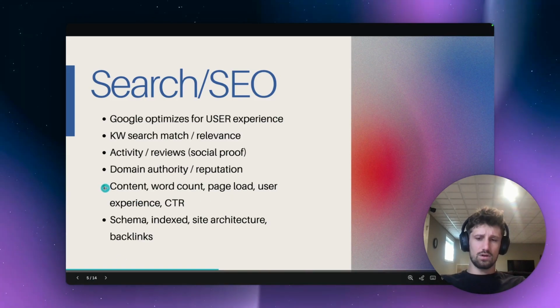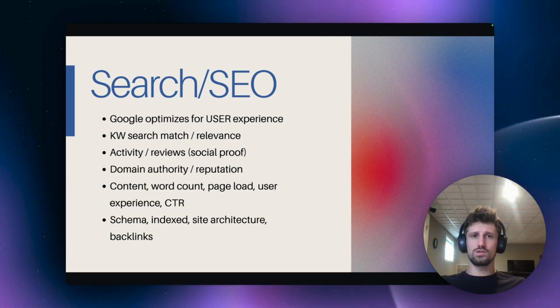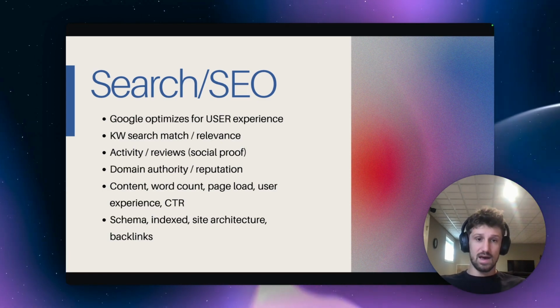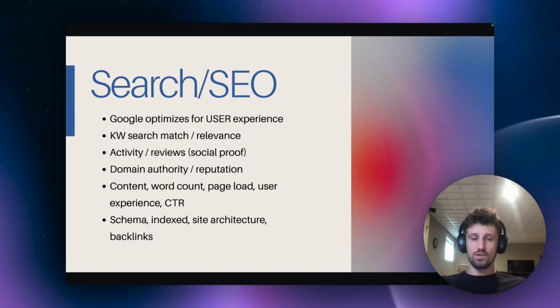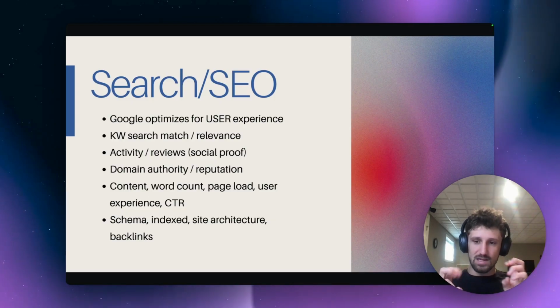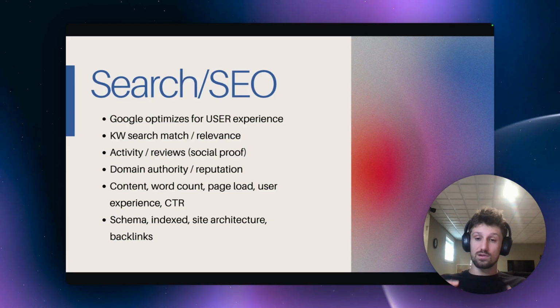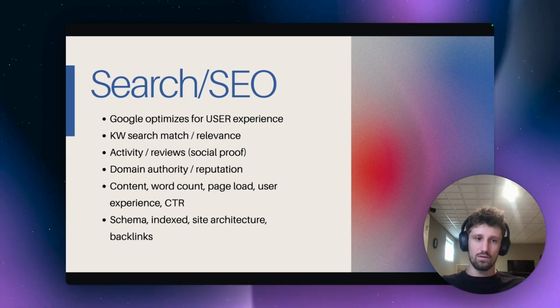So first of all, Google optimizes for the user experience. So it only shows users listings that it believes the user will have a good experience with. So if you want to show up for Doctor Near Me, you want to make that Dr. Near Me search match your listing as closely as possible so that the user has the best experience of finding what they're looking for, right?